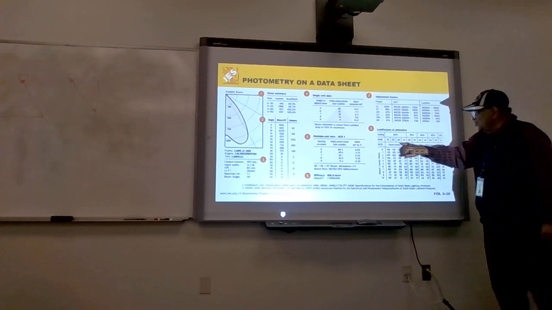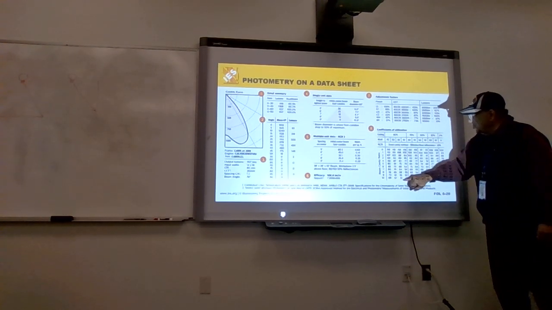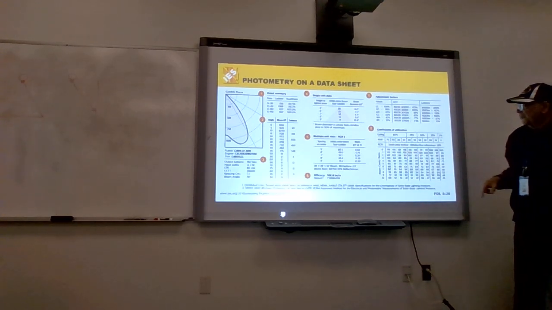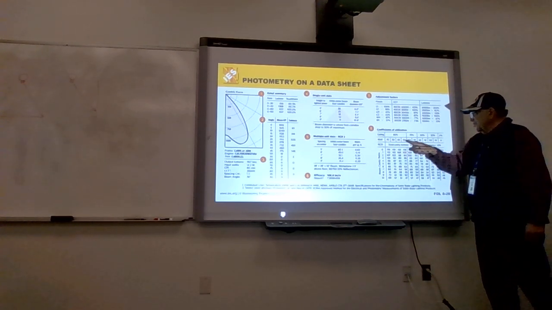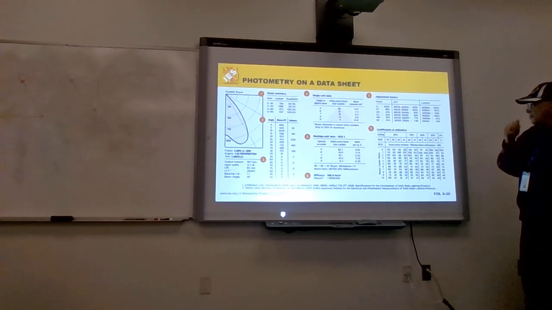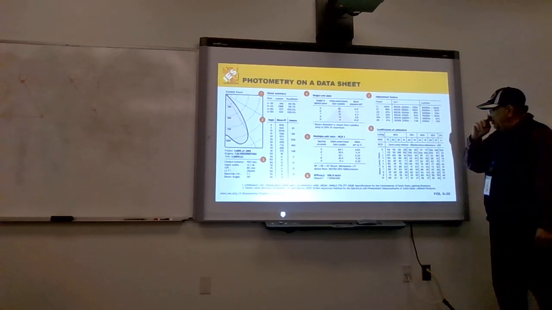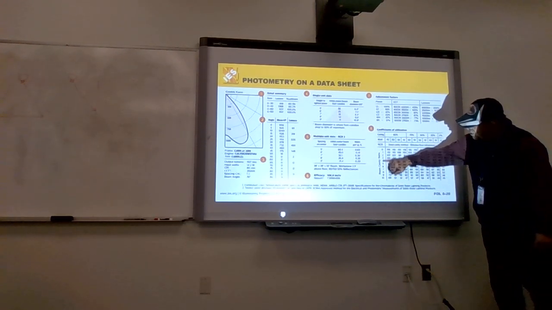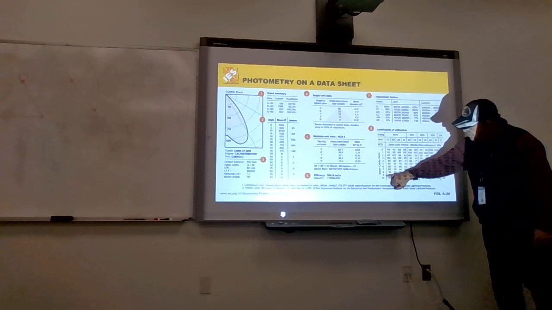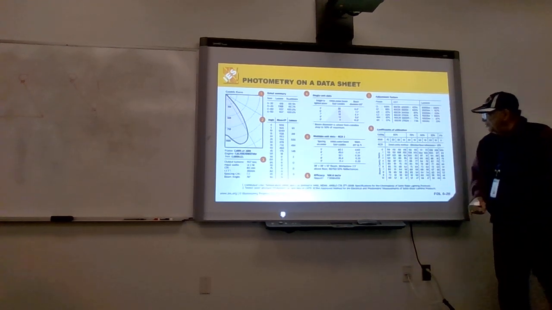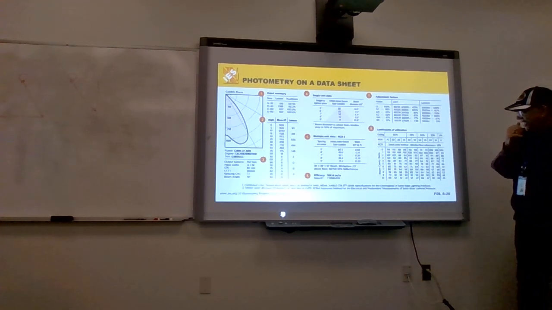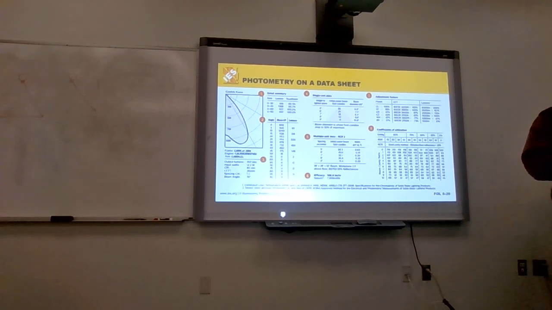And we can choose which column we're going to use depending upon what the wall reflectance is, 70, 50, 30, 10. But in order to do that, we can pick the column, but now we have to figure out which 1 through 0 through 10, the room cavity ratio. Okay, and I'll show you how to do that in a little bit.